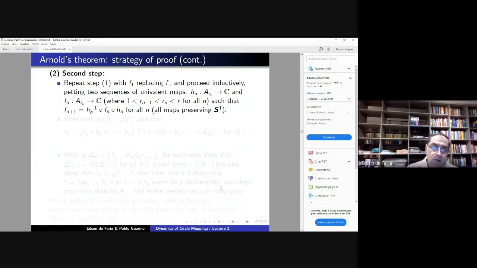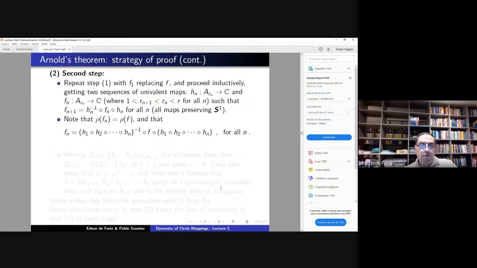All of these maps preserve the unit circle, but they're all defined on annuli, and these annuli are shrinking, and you don't want these annuli to shrink too much. Otherwise you lose completely the analyticity. And of course, if you write the Fn in terms of the original F, you get this equation that you see here.